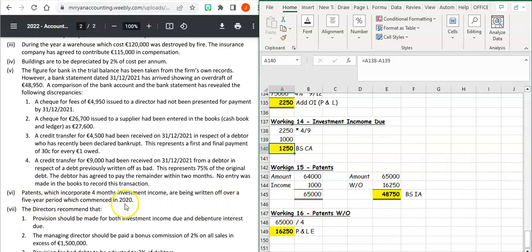Remember, it commenced in 2020, so we're going to divide it by 4 instead of 5 because 2020 was last year. So that's going to give us 16,250. That's to be written off each year. So that means that the value of your patents at the end of the year is going to be 48,750. So that's your 6th adjustment for the 2022 exam paper, company accounts and McCormack.